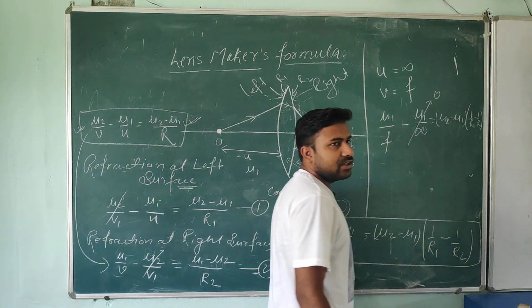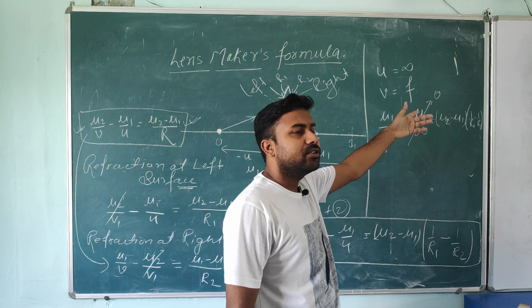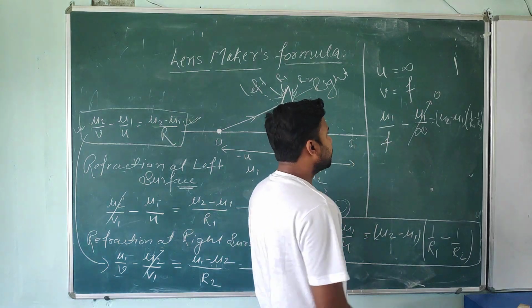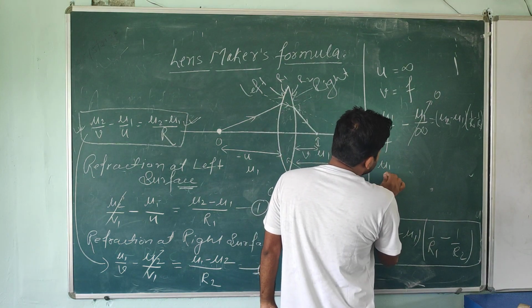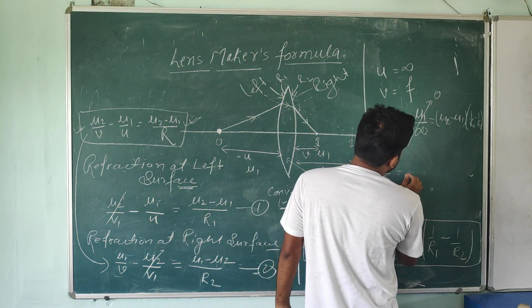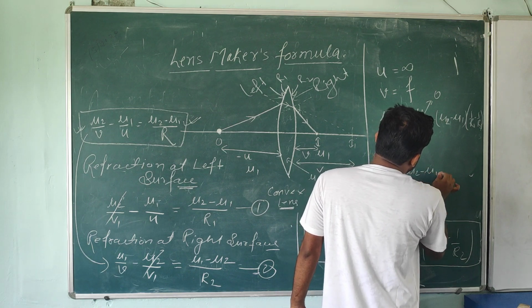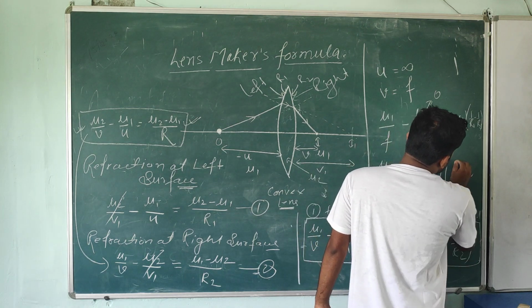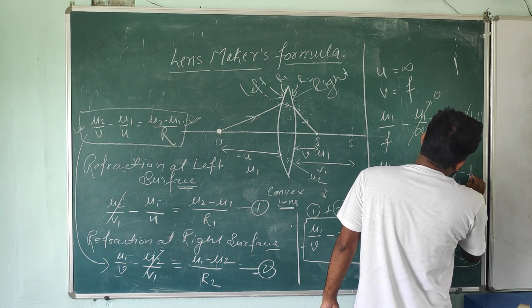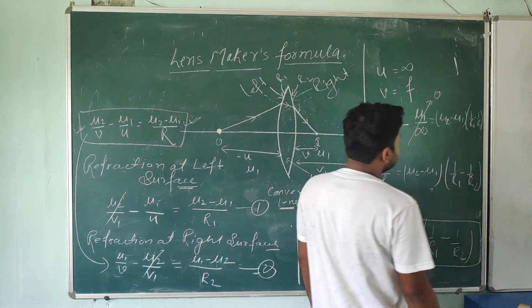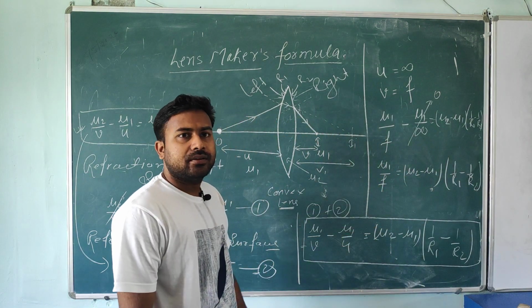This term will be 0, because if you divide any quantity by infinity you get 0. So here we get mu1 divided by f is equal to mu2 minus mu1 into 1 by r1 minus 1 by r2. Okay students, so this is the formula for focal length.